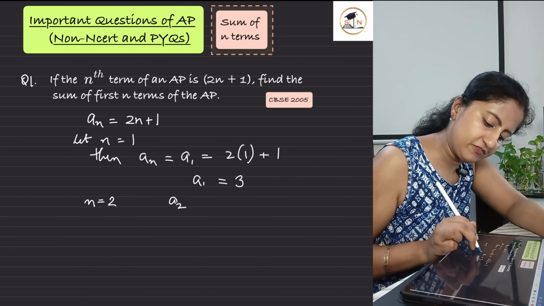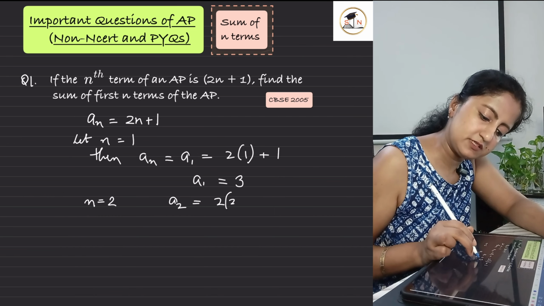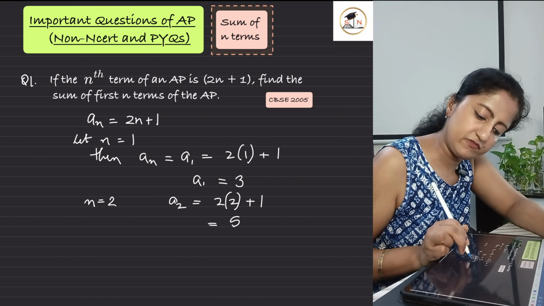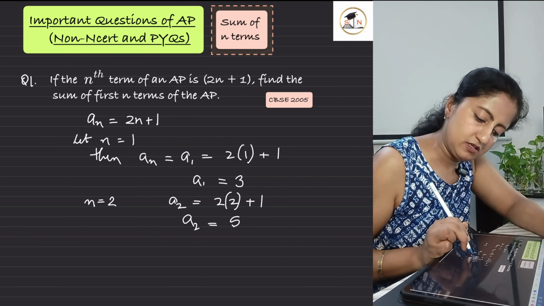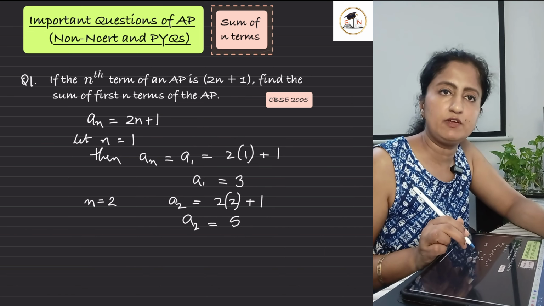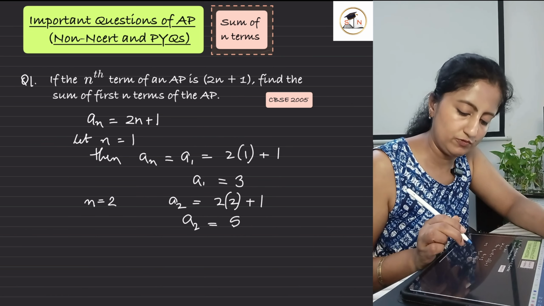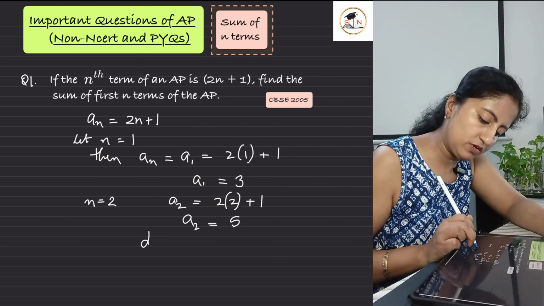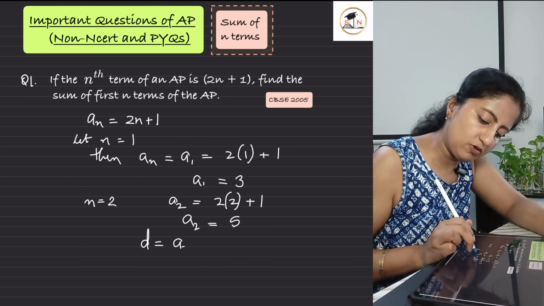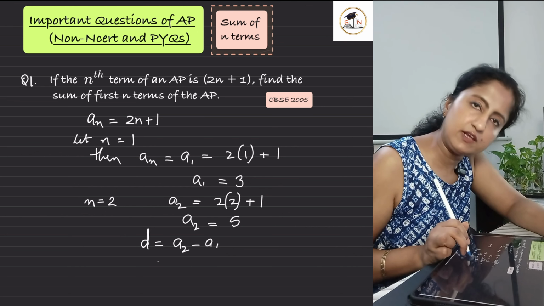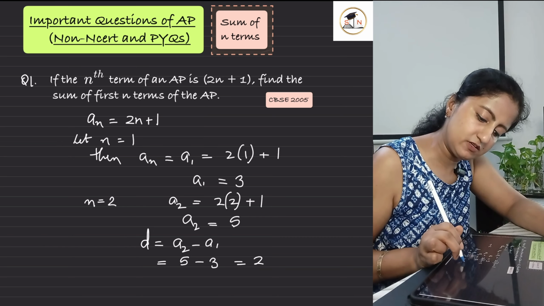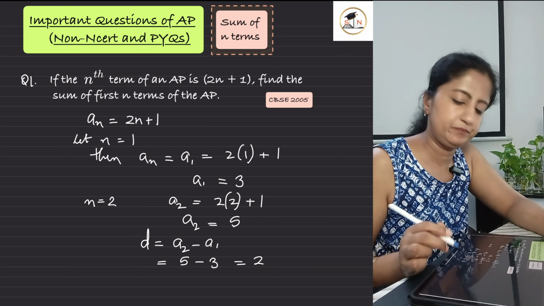So we will have a2, which becomes 2 times 2 plus 1, and this is 5. Right? We got our a, that is a1. We got our a2, which is 5. Now, how does this a2 help us? Because we want d, and d is always a2 minus a1, and therefore it is 5 minus 3, that is 2. We got our d.